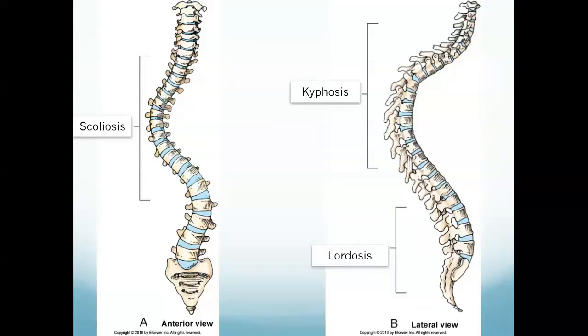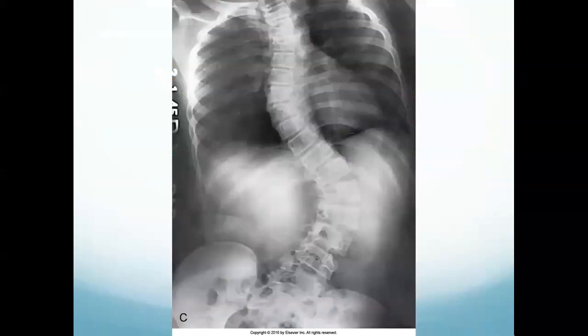Questions? Okay. Note the scoliosis in this image, quite significant. Do note that the crest of the pelvis is higher on the right side than the left. This is an extreme kyphosis.